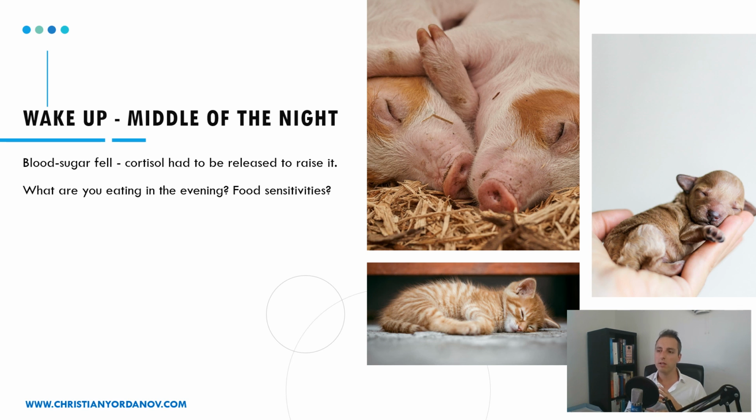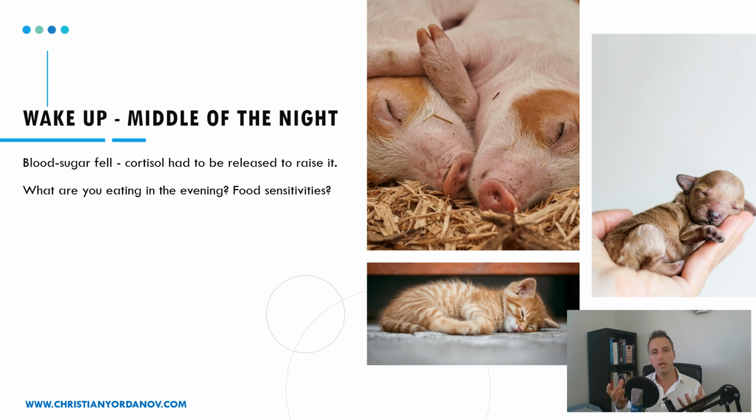If you're eating, for example, a high carb meal, especially if there's an aspect of simple carbohydrates that raise the blood sugar fast, what happens then? Insulin is secreted by your pancreas to lower the blood sugar, and then now your blood sugar is low, so the body needs to raise it, and the primary method of raising the blood sugar is cortisol.